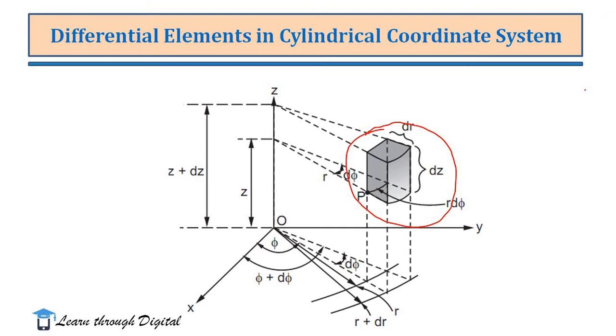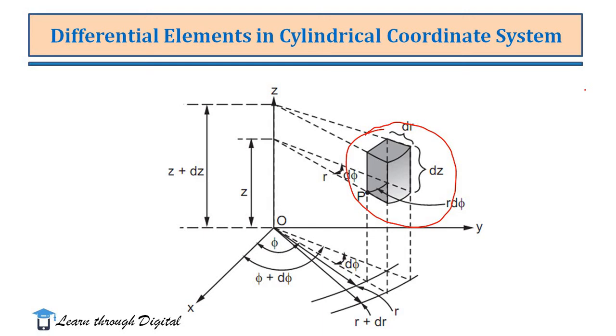The differential lengths in the r and z directions are dr and dz respectively. In the phi direction, d phi is the change in angle phi, and it is not the differential length. So, due to the change in phi, that is d phi, there exists a differential arc length in the phi direction.